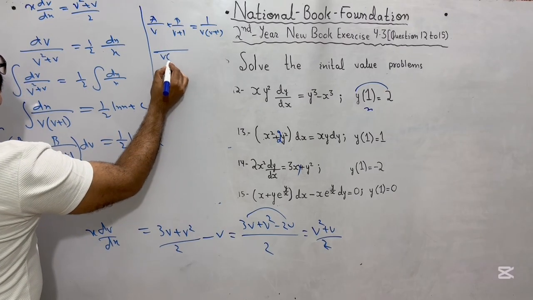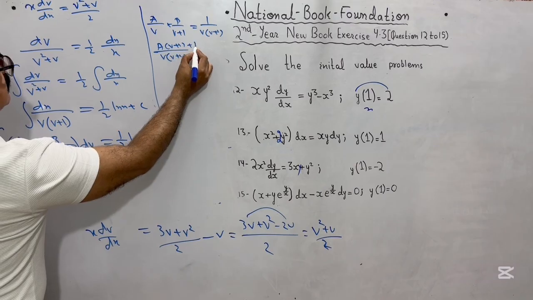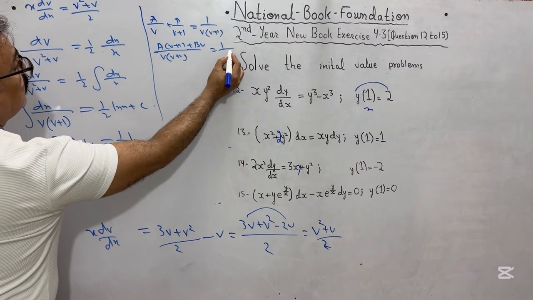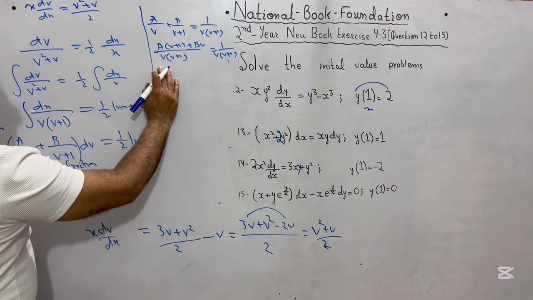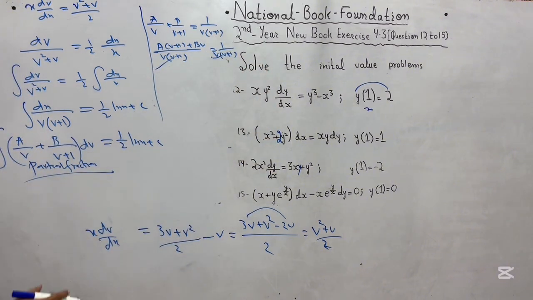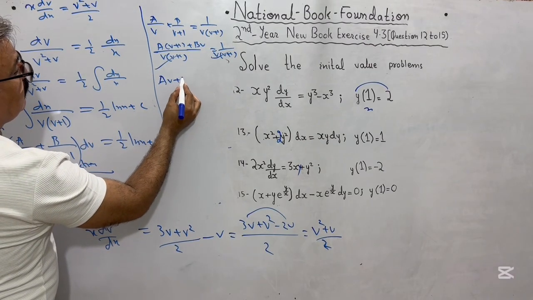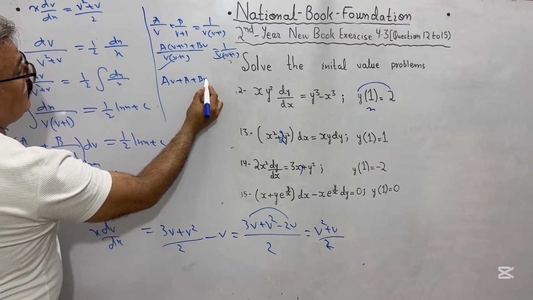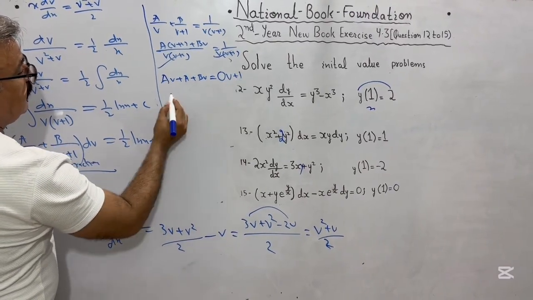Taking LCM, v times v plus 1, it's a times v plus 1 plus bv is equal to 1 over v times v plus 1. If I shift this v times v plus 1 towards the right hand side, they are cancelled out. Just multiply: av plus a plus bv. In order to compare, we have only a constant. Introduce 0v plus 1.